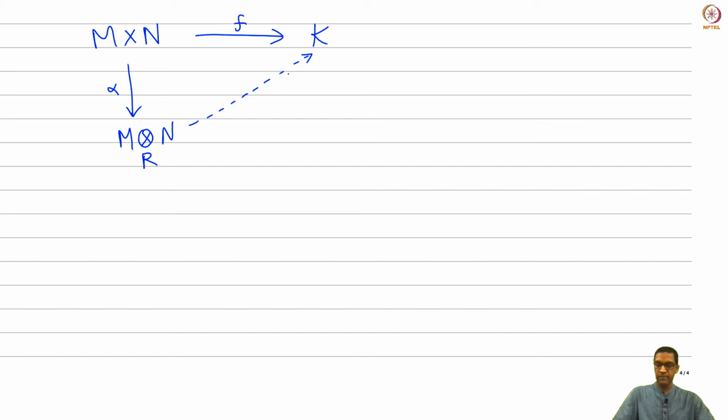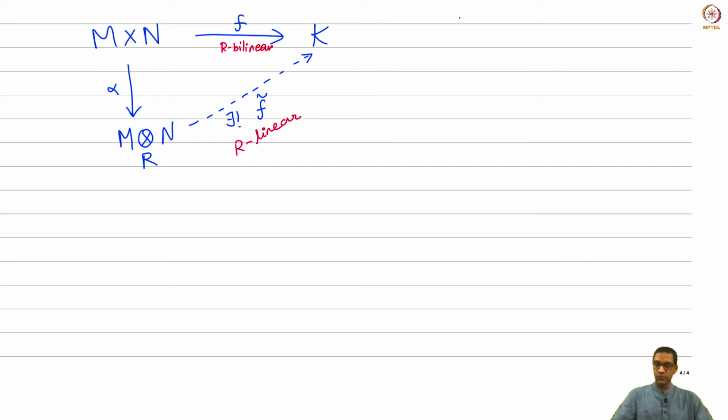In pictorial terms, this says that you take M cross N to K. If you are given a bilinear map f, then look at the standard map. This says that f gives rise to a unique map f tilde. The key point here is that f is R bilinear, whereas this map f tilde that we have defined is an R linear homomorphism between these two R modules.